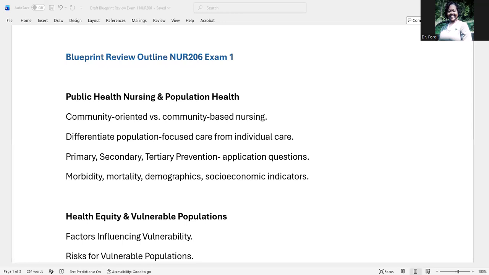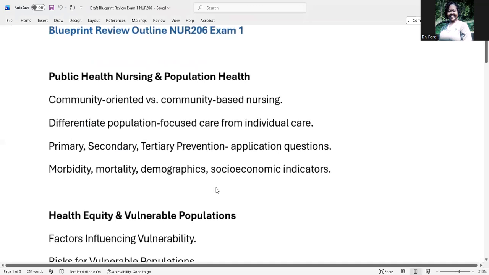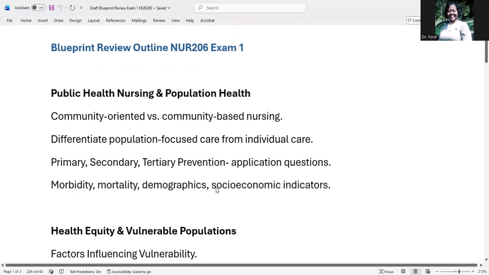So I'm going to share my screen here and I am pulling up the blueprint. Okay. So these are all the concepts that have been pulled from your required readings.